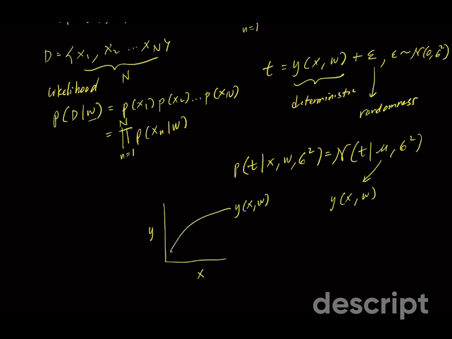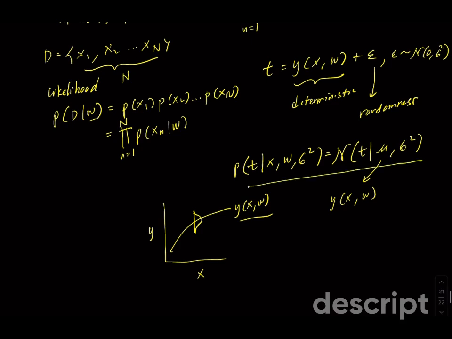Now when you add Gaussian noise, you expect a distribution of possible values around your y of x, w, such that this distribution is normal, centered around y of x, w, so it's the mean, with variance of sigma squared. This formulation here is valid.